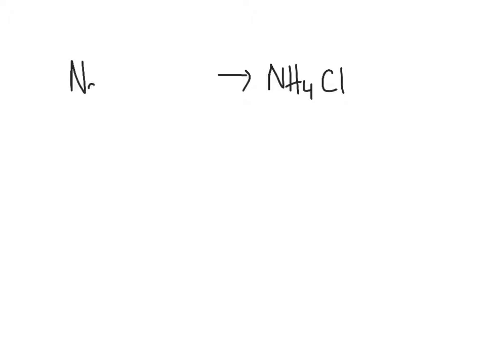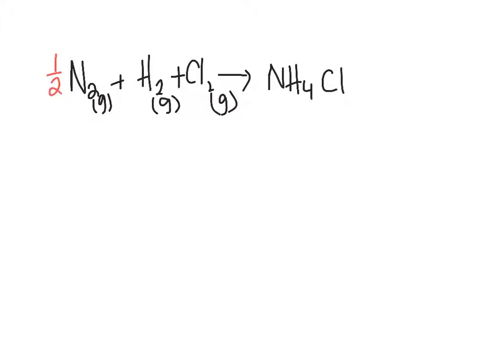So the elements are nitrogen gas, hydrogen gas, and chlorine gas. And then you balance it so that you get the subscripts on the right. You can't change what's on the right-hand side of the arrow. So you have to put a half in front of N2, a half in front of chlorine, and a 2 in front of hydrogen.